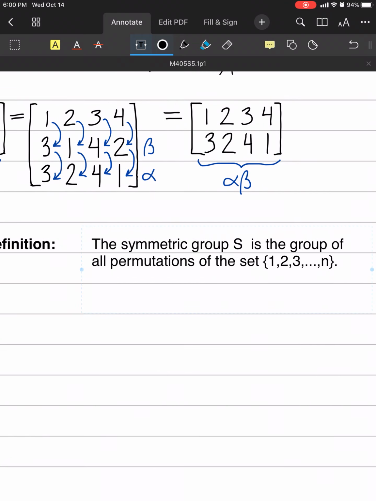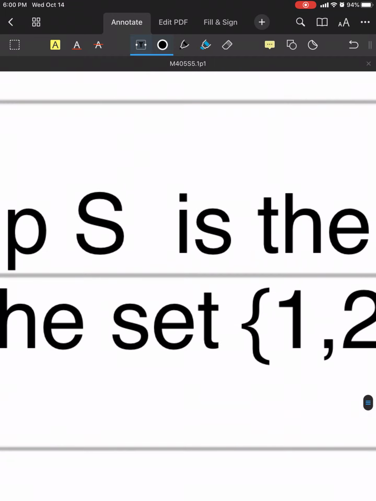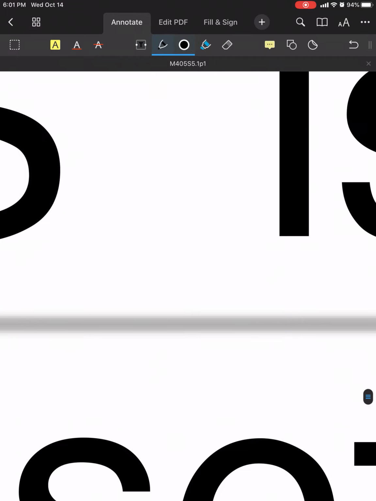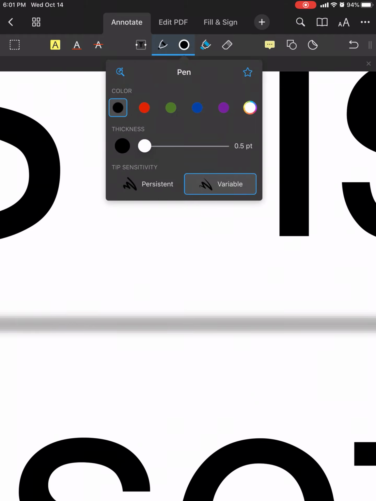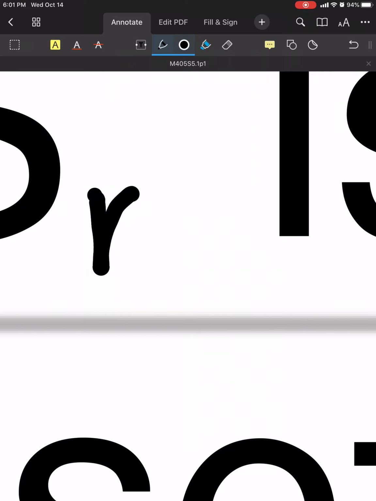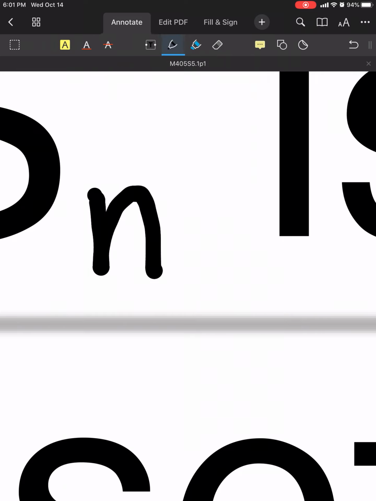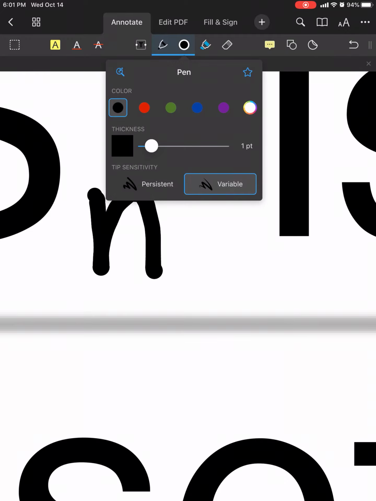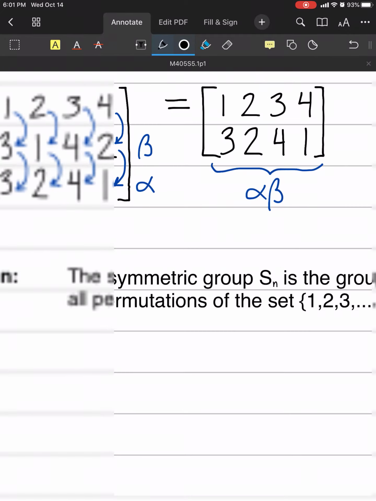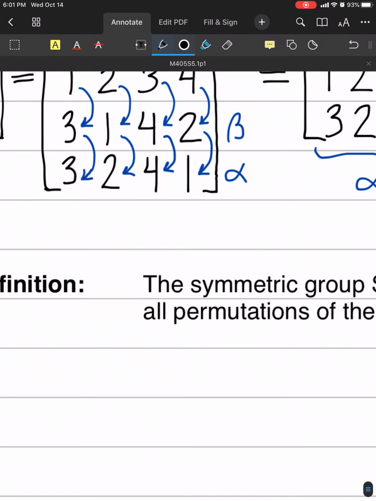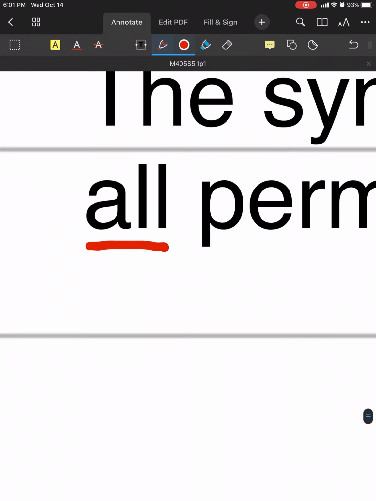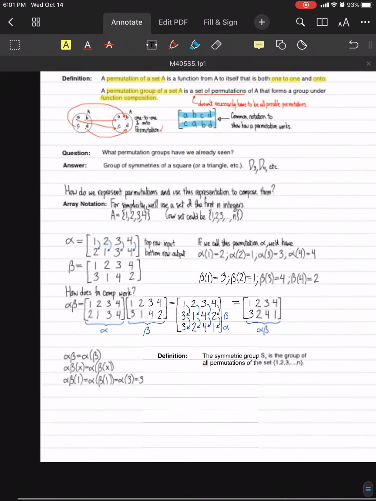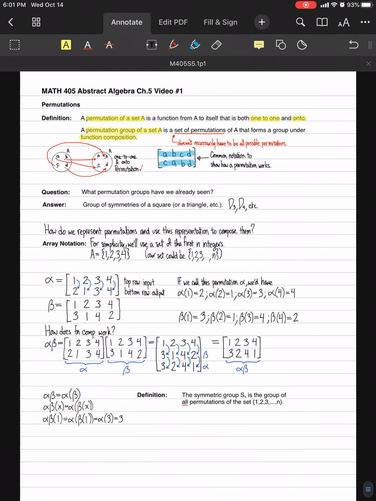All right, so here's where I need to put in a little S sub n. The symmetric group S sub n is the group of all permutations. So this is a little bit different from what we did before. This is all permutations, so every possible one of the set 1 through n.